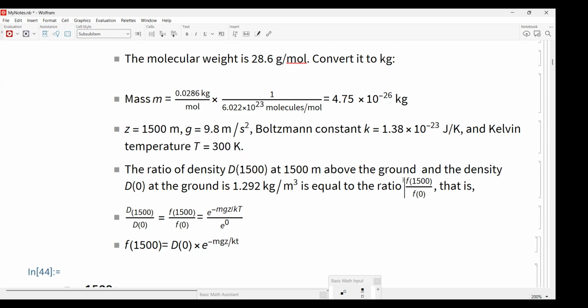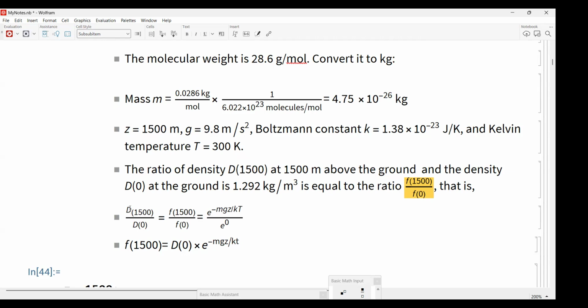Now we have here the Boltzmann distribution function. This is the distance from the ground, 1,500, and this is the Boltzmann distribution function at the ground.